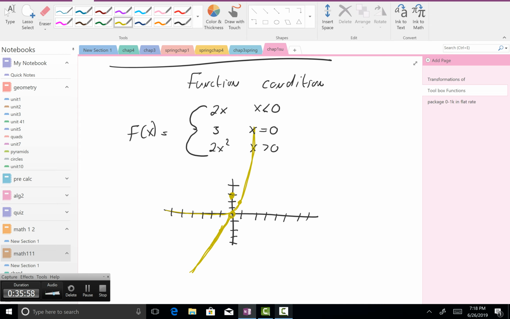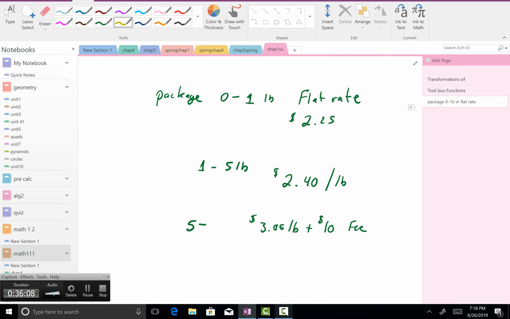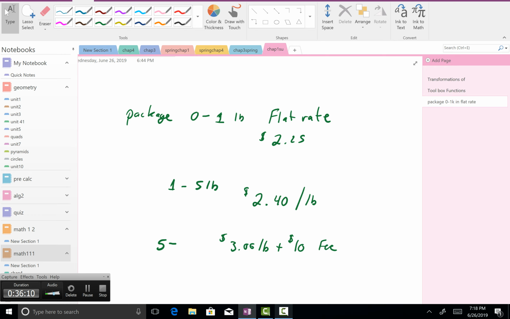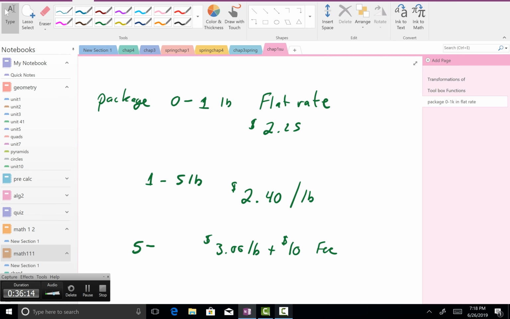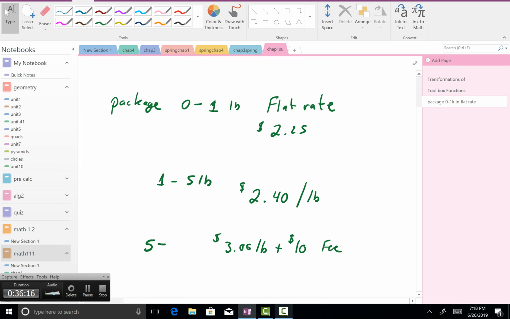If it's 1 to 5 pounds, it's $2.40 a pound, and if it's greater than 5, it's $3 a pound, plus a $10 flat fee for having such a heavier package. Take a couple minutes and see if you can write a piecewise function that matches that.